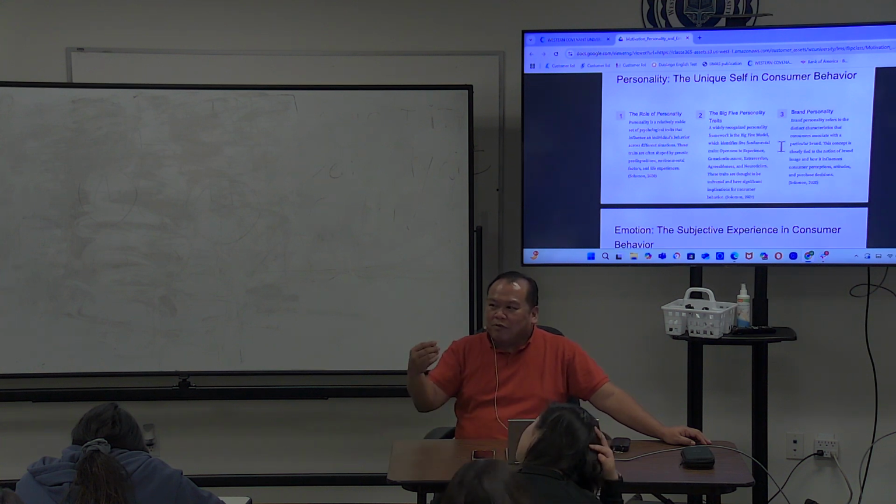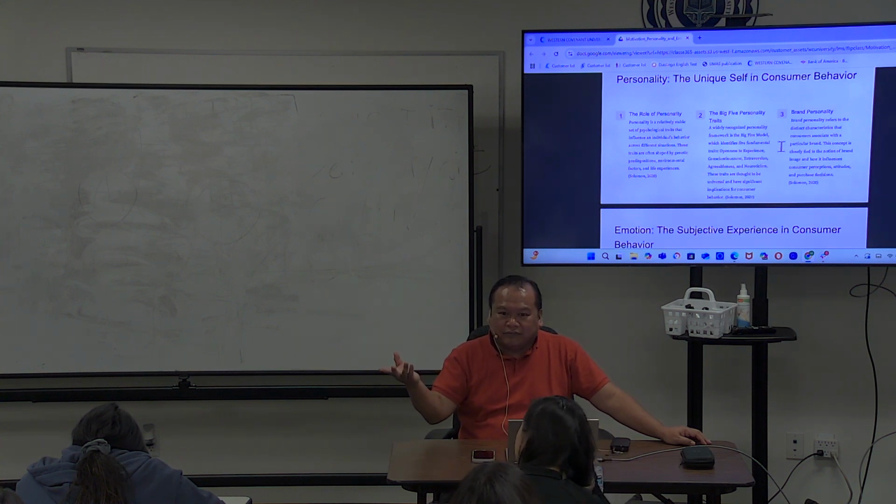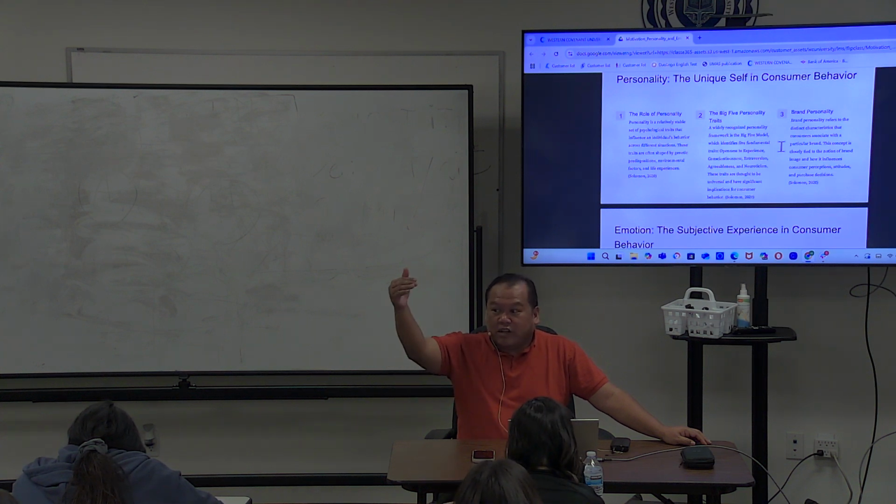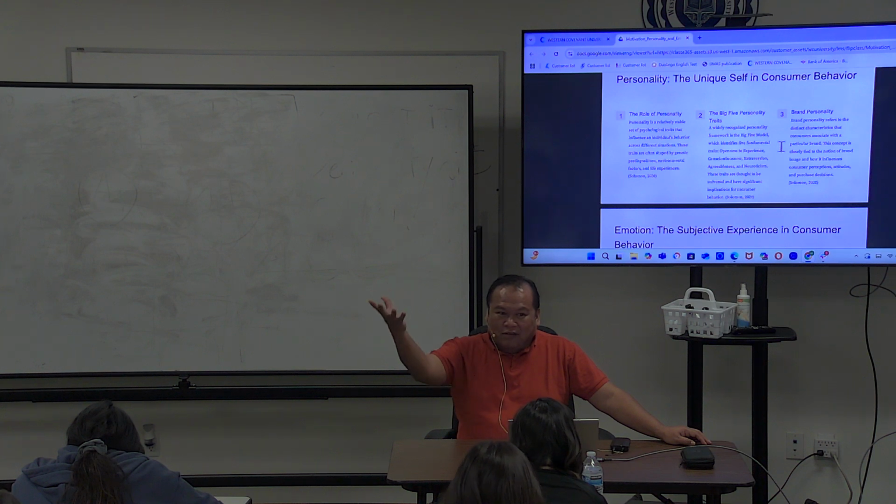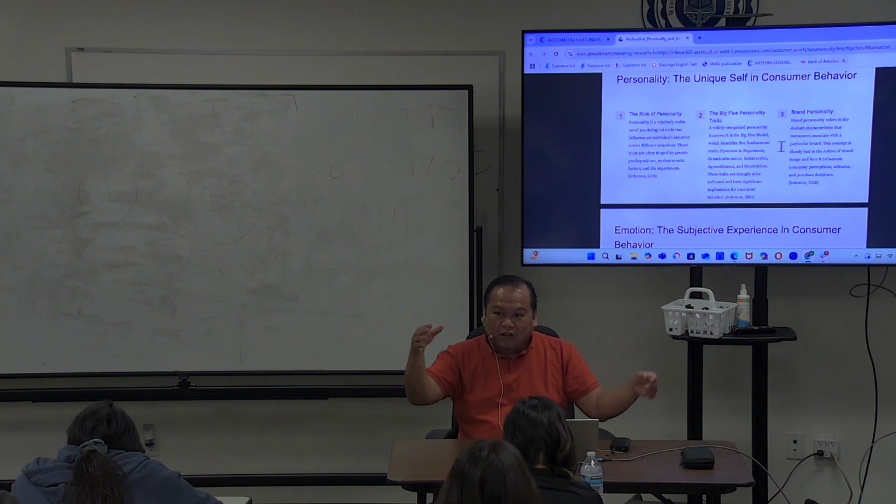I would buy something that is worth the value, or even more than the value. And this is very common to many Asians, right? Many Asian people are like that. They want better value at a lower price.